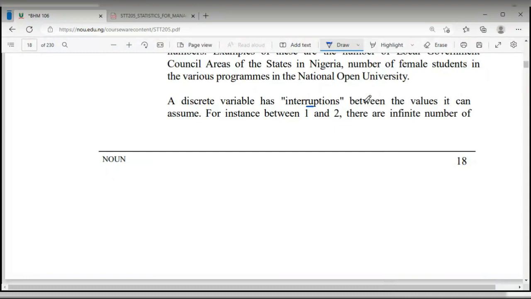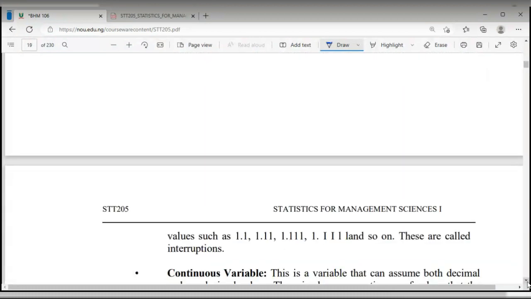For instance, between 1 and 2, there are infinite numbers of values such as 1.1, 1.11, 1.111, 1.1111, and so on. These are called interruptions. Let's look at that again. A discrete variable has interruptions between the values it can assume. For instance, between 1 and 2, there are infinite values such as 1.1, 1.11, 1.111, 1.1111, and it continues.